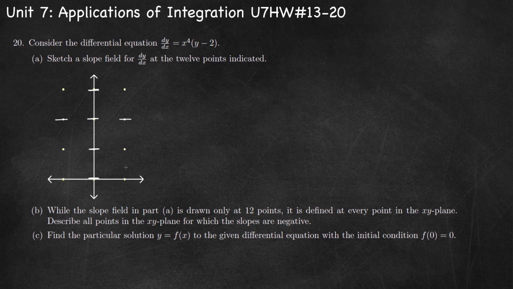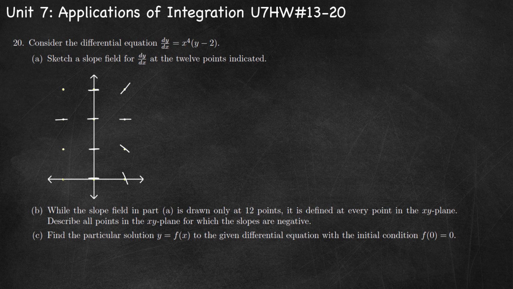And then let's just substitute in the other coordinates that we have left. So at 1, 0, the slope is negative 2. At 1, 1, the slope is negative 1. At 1, 3, the slope is 1. At negative 1, 0, negative 1 to the power 4, that's just going to be positive 1, and then 0 minus 2 is negative 2.